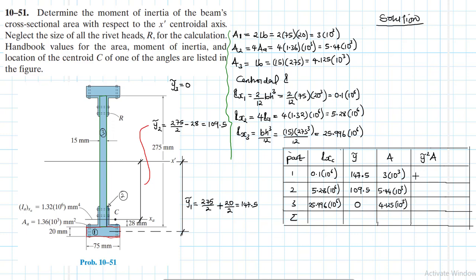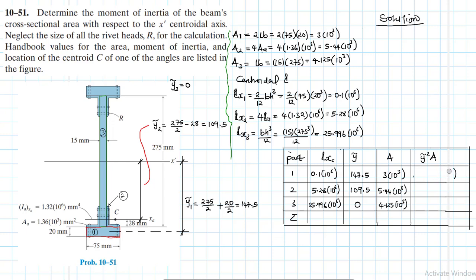So this gives us 65.268 times 10 to the power 6. Let me just write the whole number, I'll round it off later.